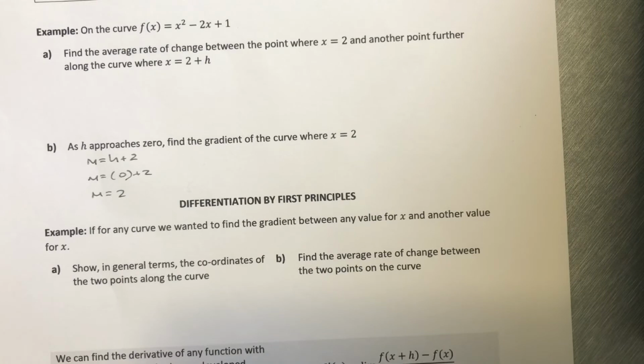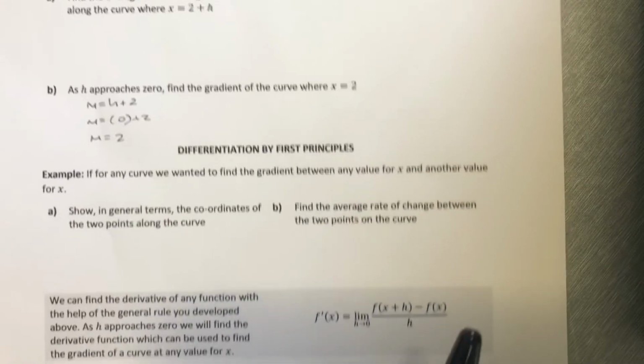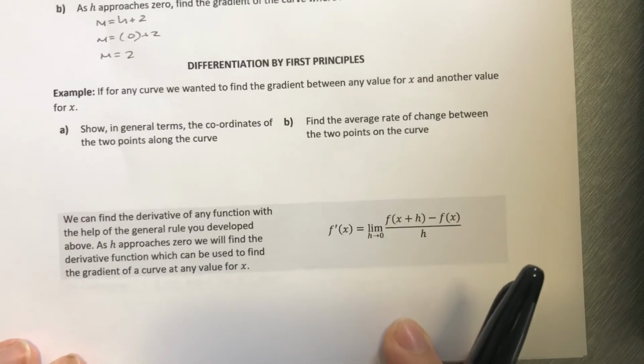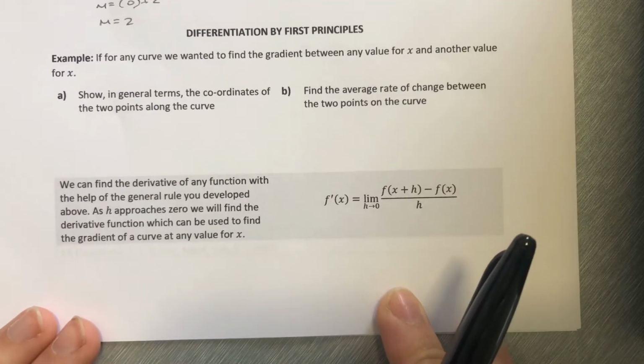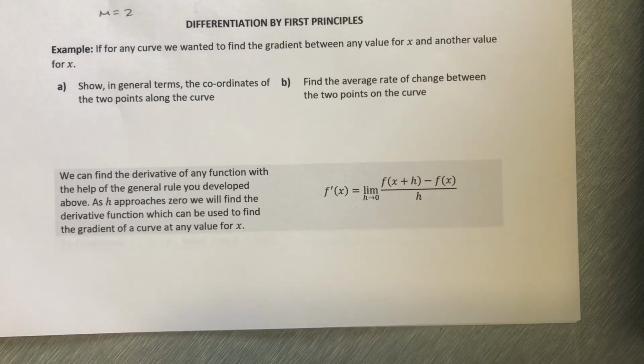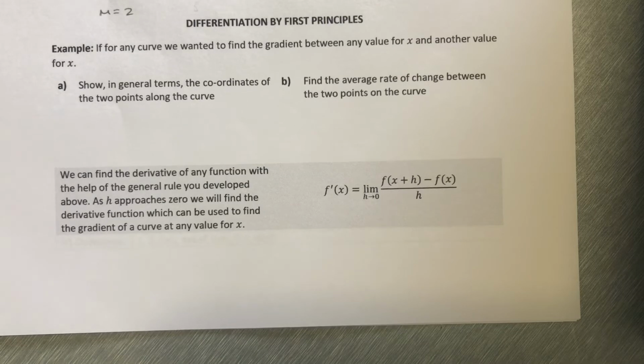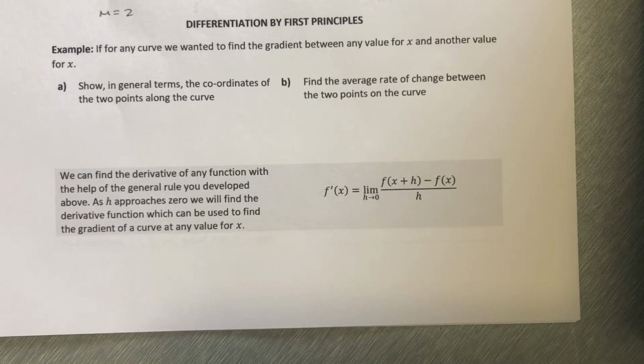Now what we just did then is similar to first principles, because you might remember the h when you did it last year, but let's just go through it a little bit again. Let's pretend that you don't really know about it. So what we're going to do to start with is we're actually going to make the rule up ourselves. We're going to show how they got this rule.